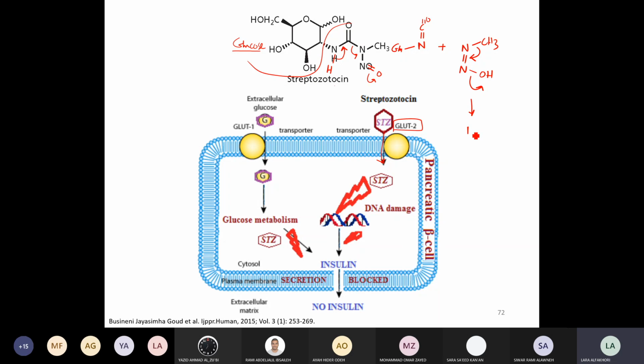I will have N2 plus OH minus plus CH3 plus. That's the alkylating agent that results from streptozotocin and will methylate or alkylate the DNA. There is no cross-linking because I only have one electrophilic site.